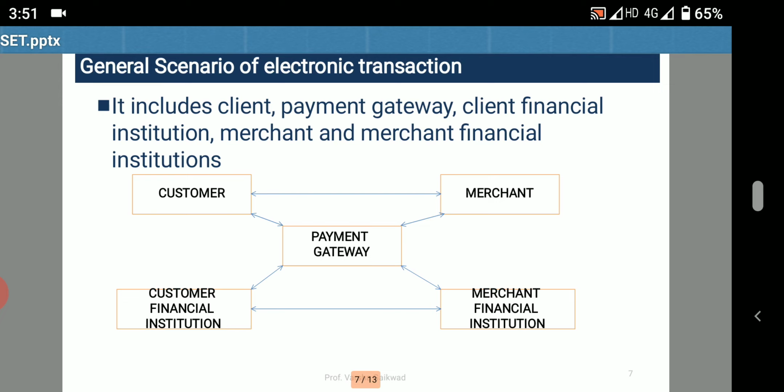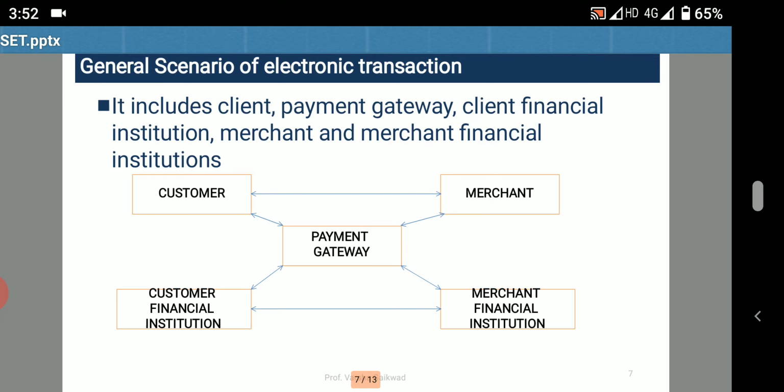Now we will see a general scenario of electronic transaction. It includes client, payment gateway, client financial institution, merchant and merchant financial institution.